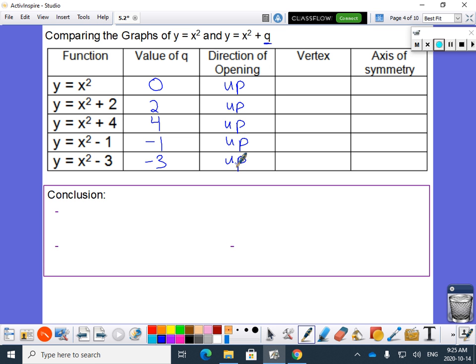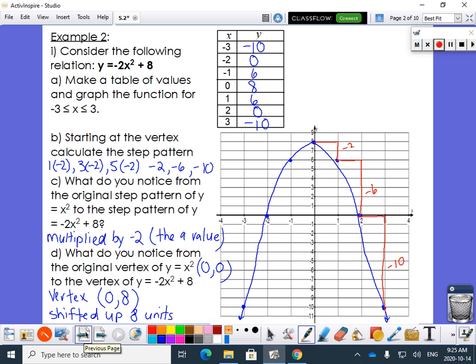Okay. Vertex of y equals x squared. We know this. What is the vertex of our most basic parabola? 0, 0. So now we're going to figure out the vertex when we have y equals x squared plus q. When we did this here, guys, we had +8 for q. So what do you notice about the vertex?